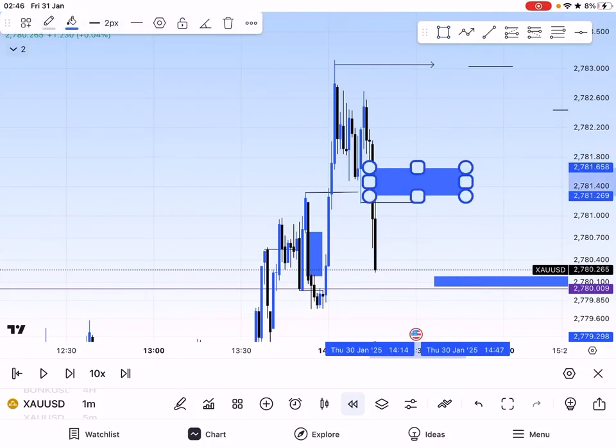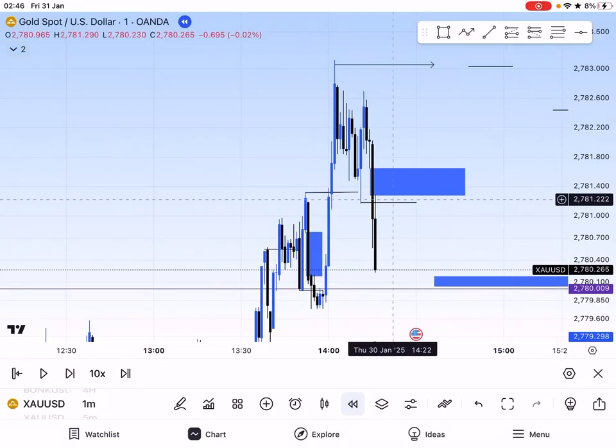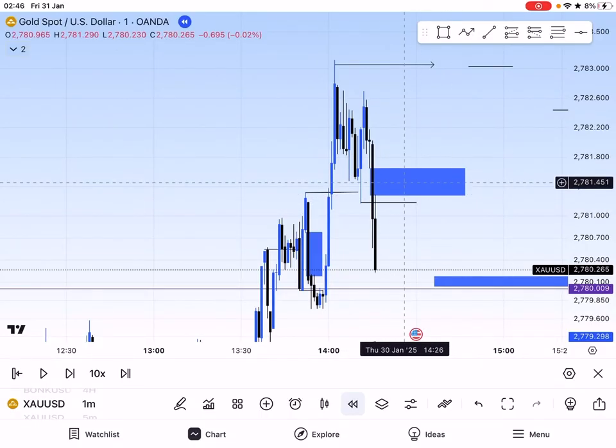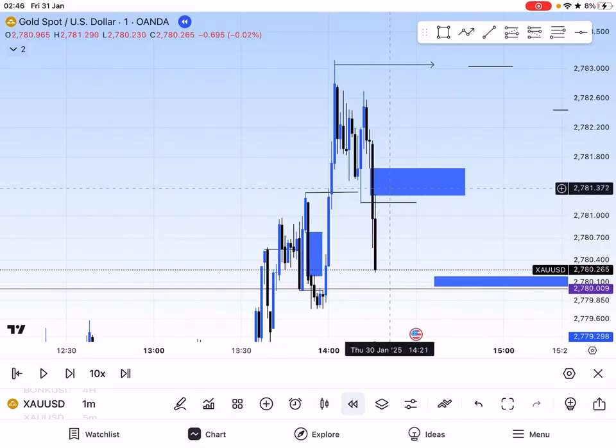I always want the move that is coming down to tap the POI and take out the inducements. I always want it to have imbalance thereabouts. And you can see that here immediately it took out imbalance.